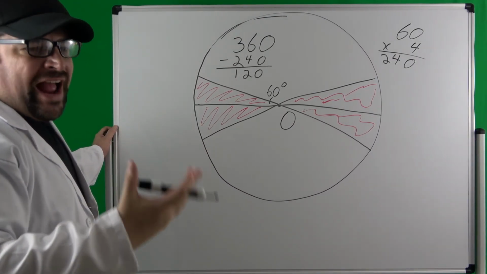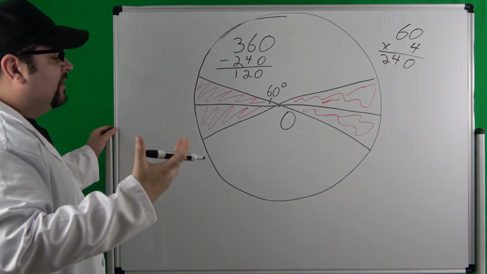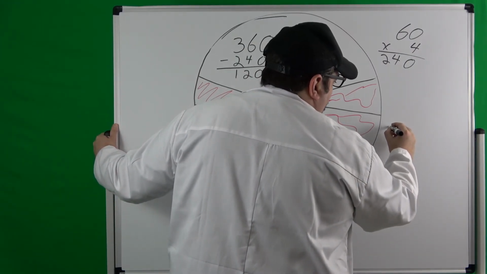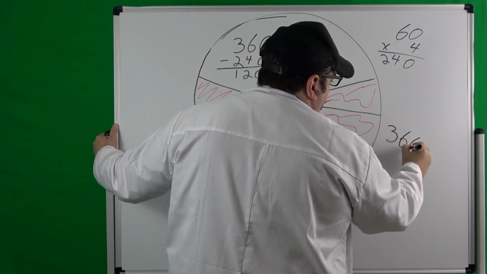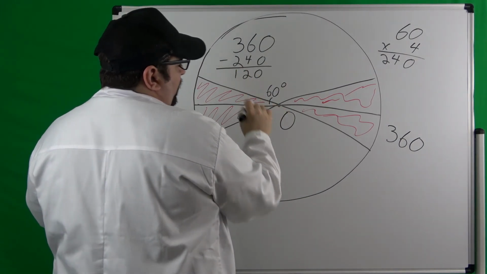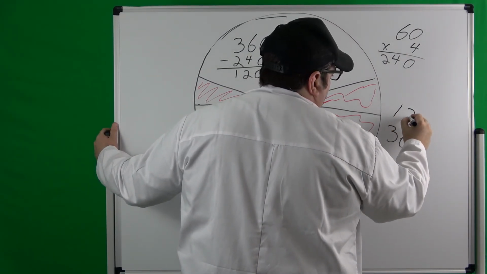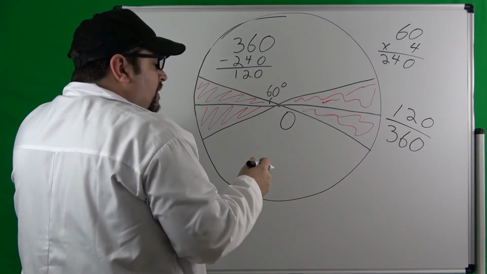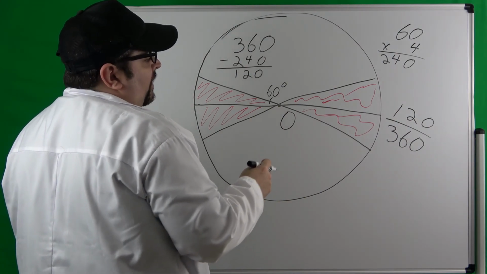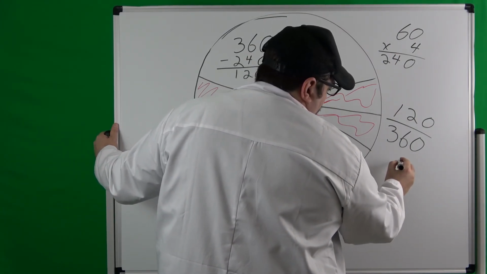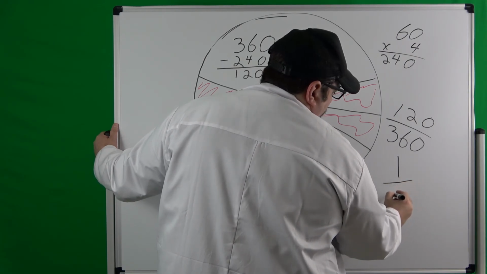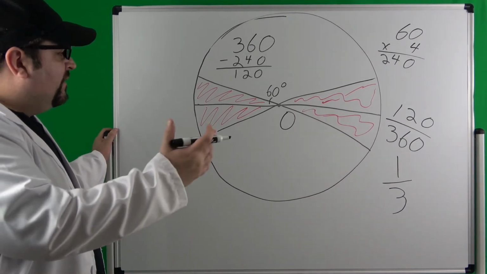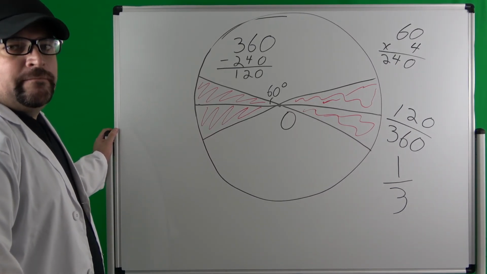They want to know what fraction of the entire circle. The entire circle is 360 and the unshaded part is 120. 120 over 360, what's that going to reduce to? That reduces to 1 over 3. And there you go. That one wasn't too bad.